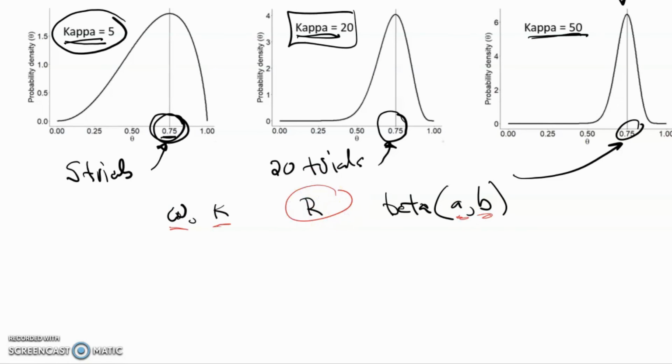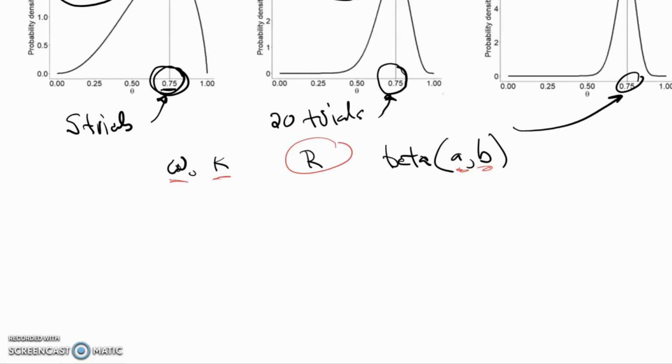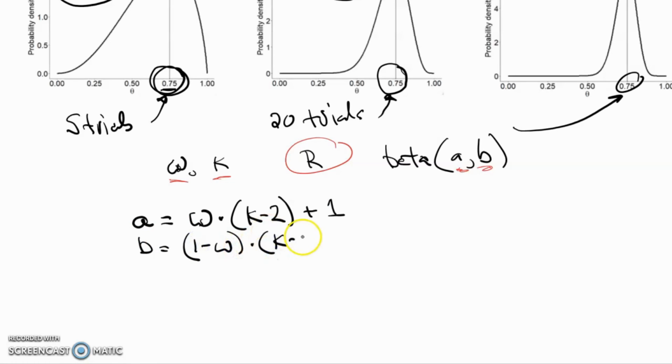And these are just the equations, and they're developed in Kruschke, but it really is a detail you don't need to worry too much about: A is going to be equal to omega times (kappa minus 2) plus 1, and B is going to be equal to (1 minus omega) times (kappa minus 2) plus 1.